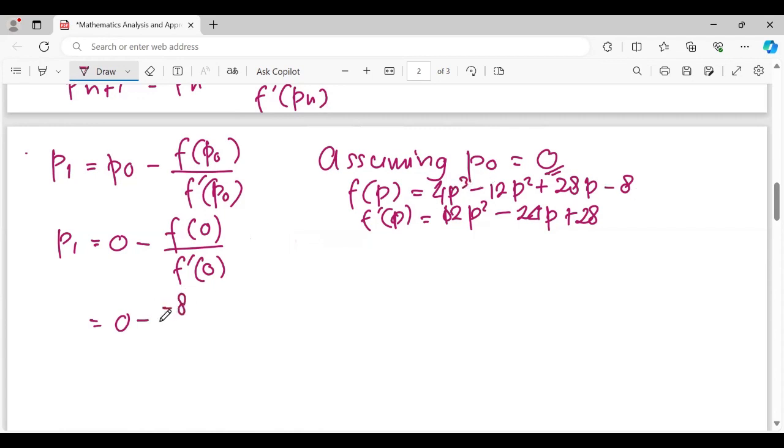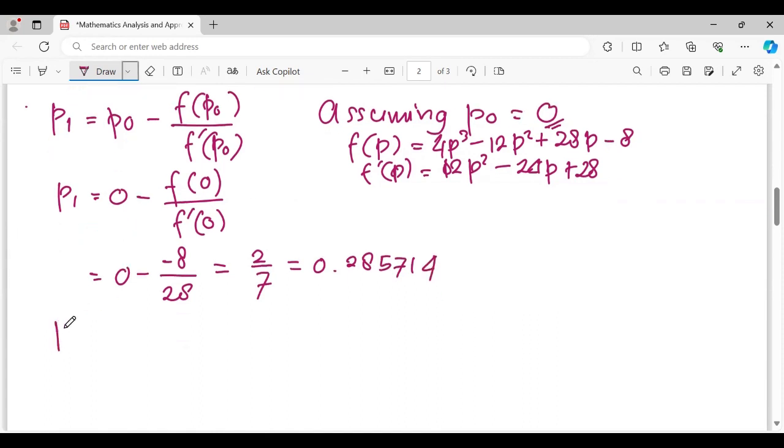It means minus 8 over 28. So minus and minus becomes positive, 8 divided by 4, 2 sevenths, 0.285714.